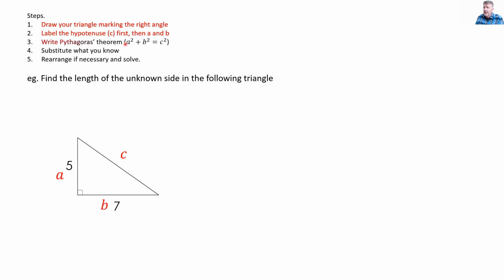Third step, write Pythagoras' theorem. So we'll write it over here, A squared plus B squared equals C squared. You're about to see why it's important. Substitute what you know. So we know that A equals 5, so let's bring the 5 over here and put the squared up. Plus, we know B equals 7. Let's bring it over.